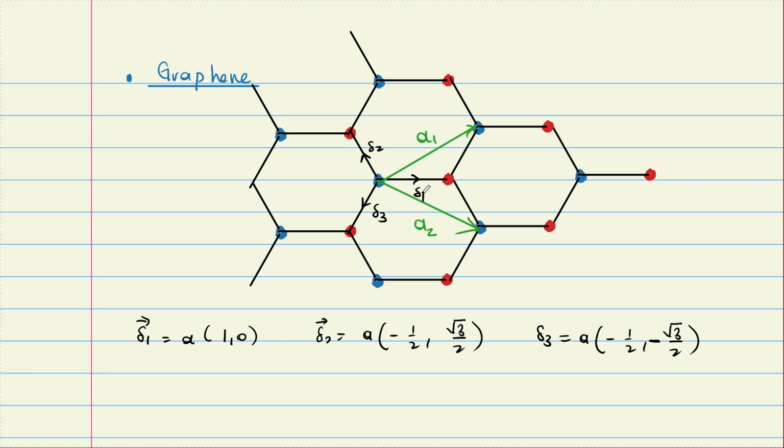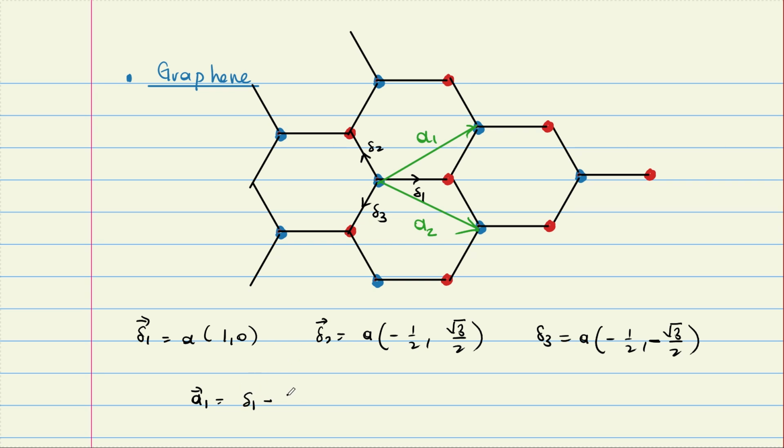And I can calculate a1 and a2 in terms of delta 1, delta 2, and delta 3. For example, a1, you can kind of see, if you flip this and sum, delta 1 minus delta 3 is going to be a1.